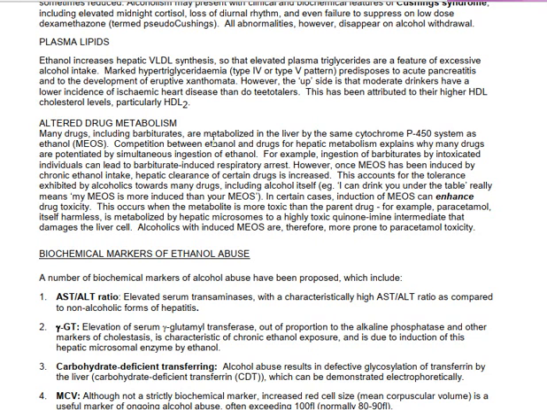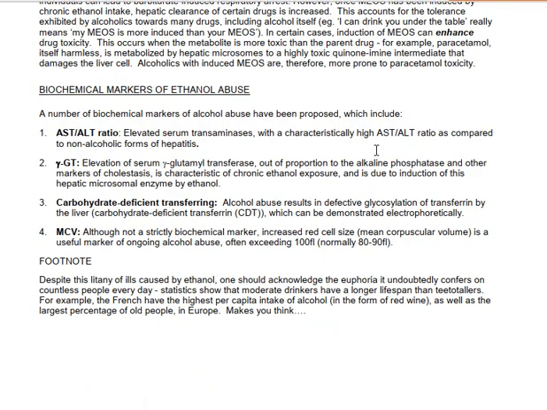Is it clear? So it can result in respiratory arrest. So that's why you need to know that. These patients are going to be prone to that, since the metabolism of barbiturates is stopped at the level of the liver, it can result in that respiratory arrest.